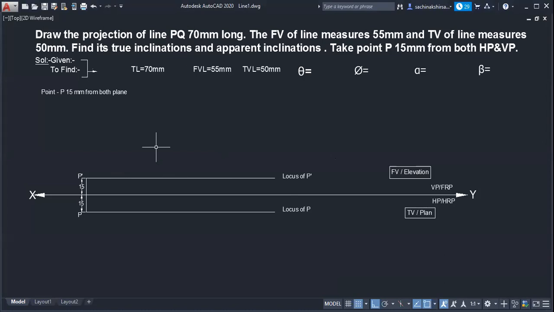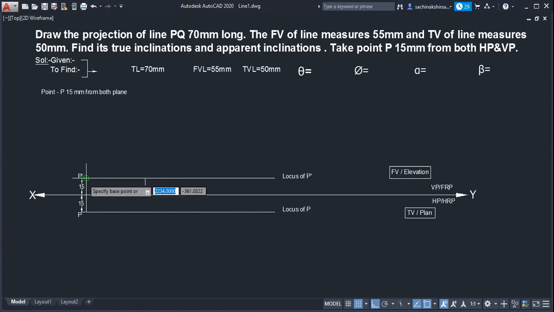I will take length equal to 55 and mark it here, something like this, FVL. I will give the name PQ. Suppose I give the name Q1 dash, because PQ line is there.